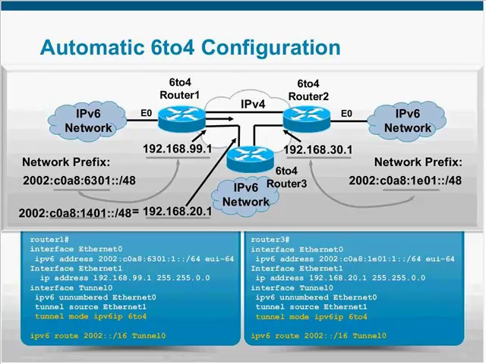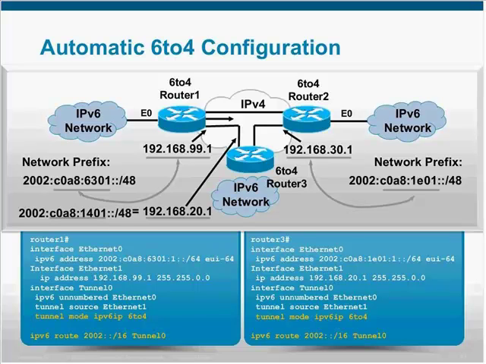If we continue with the configuration example, interface Ethernet 1 is the one that is configured with 192.168.99.1. If we look at the tunnel interface itself, we configure it with IPv6 unnumbered. We then continue with the tunnel source of Ethernet 1, which is our interface that has the IPv4 address assigned to it.